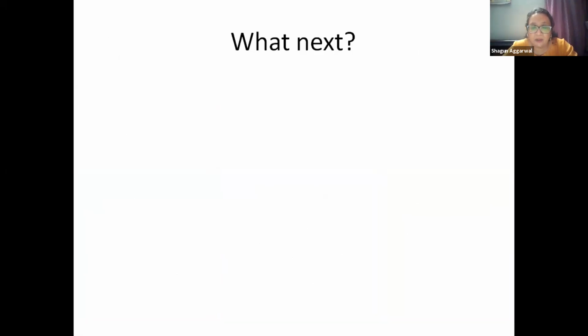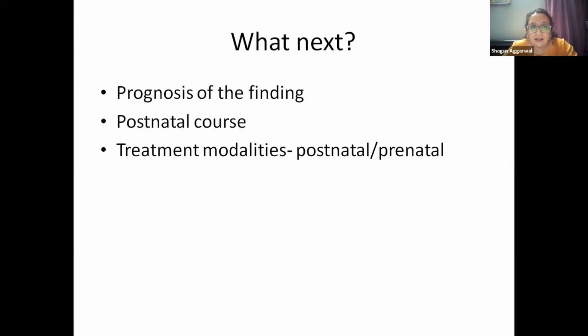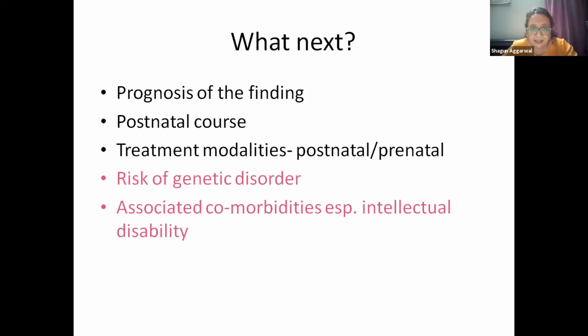So when we have an abnormal scan, usually one of the factors which goes into decision making, and which we counsel the patient about, is the actual prognosis of the particular finding. What is its course going to be in the postnatal period? What are the treatment modalities possible? So this gives a picture to the patient regarding how severe the particular finding per se is. But the other very important aspect is to realize whether this particular abnormality which we are seeing on scan is part of a genetic condition.